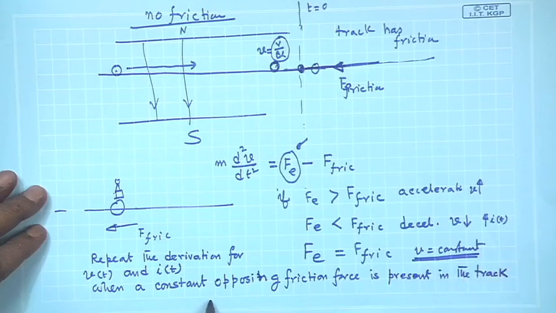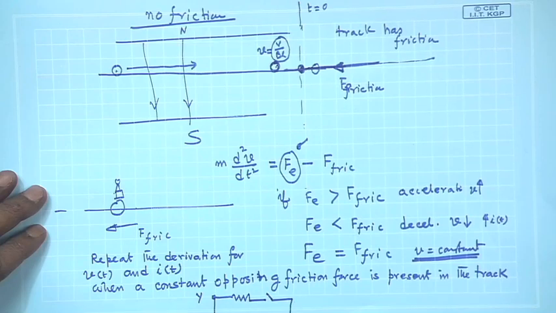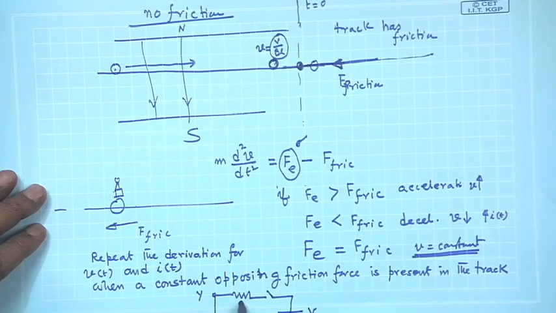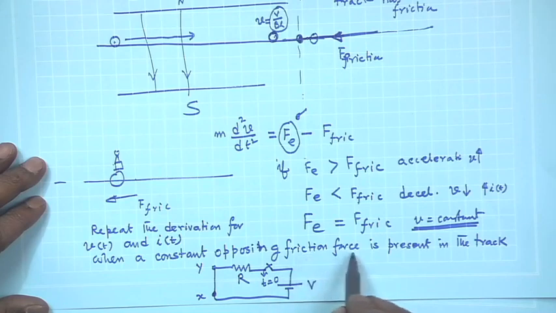So, your conductor was like this, x, y, it has got resistance. Now, I have a switch S, and here is my battery, source voltage capital V, this is R, and the switch is closed at t equal to 0, but the track has a constant opposing friction force, call it F fric.